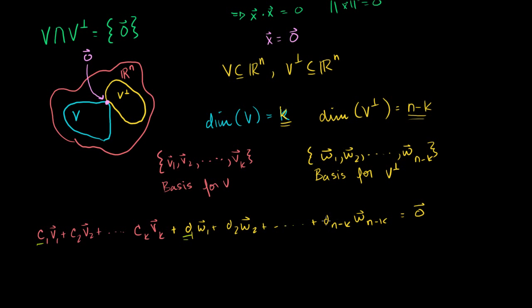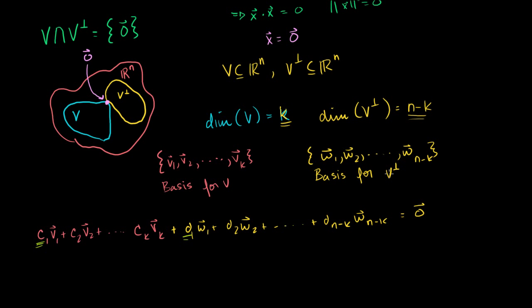Or there might be more than one solution. In fact, if the only solution is that all of these constants have to be equal to 0, then we know that all of these vectors are linearly independent with respect to each other. And if they're all linearly independent, then, I'll touch on that at the end of the video, we know that they could be a basis for Rn. But we don't know that yet. We don't know that the only solution to this is all of the constants being equal to 0.